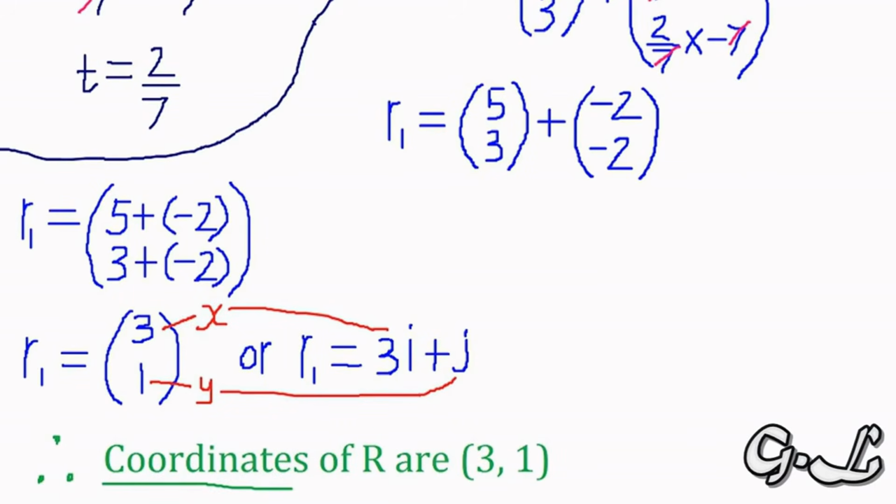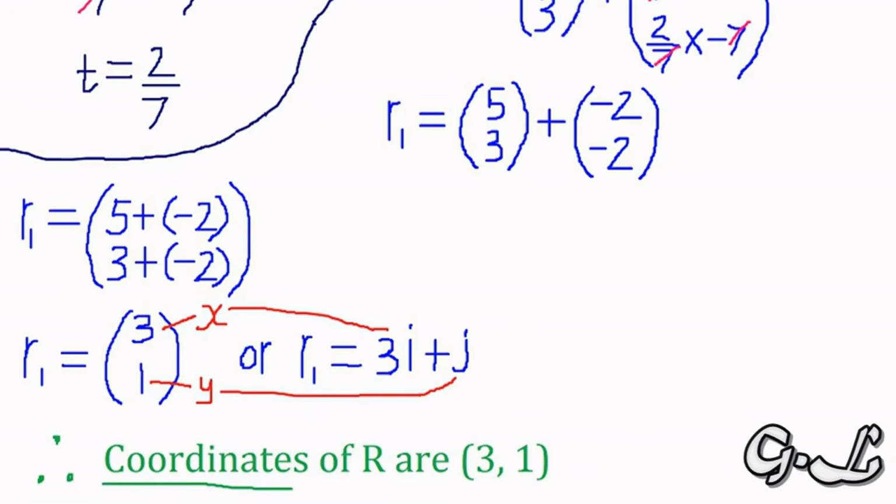And when you consider this vector form, which is 3i plus j, the term which is attached to the i is representing the x coordinate, and the term which is attached to the j is representing the y coordinate. So in such a case, you can now say that the coordinates of R are 3, 1.